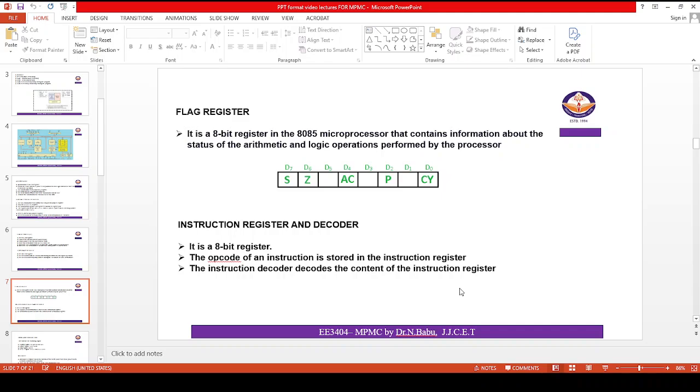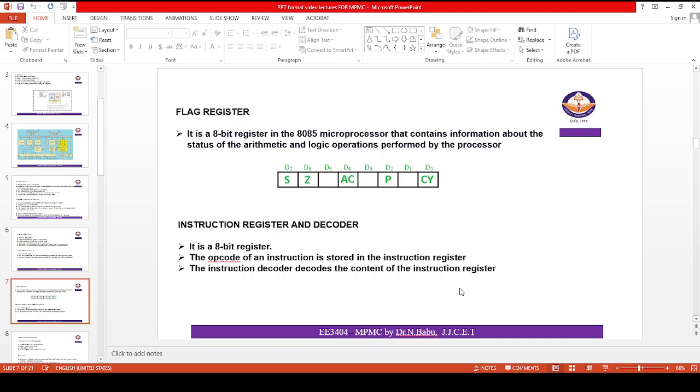SUB means subtracting one 8-bit number from another 8-bit number. Increment means the register value is incremented by 1. These are all the instructions given to the processor. Based on the instruction only, the processor processes the data. So the instruction register is used to hold the instruction.